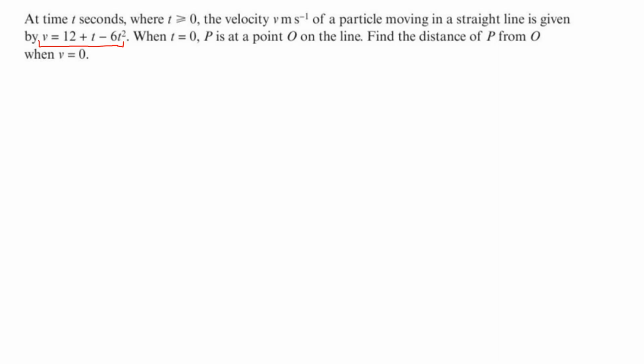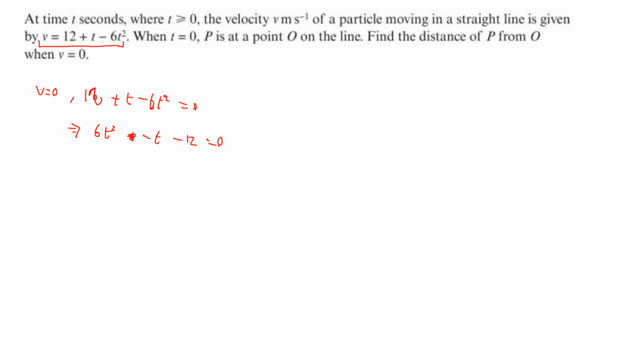So first things first, when v equals 0, that means that 12 plus t minus 6t squared is equal to 0. Which means that 6t squared minus t minus 12 is equal to 0.